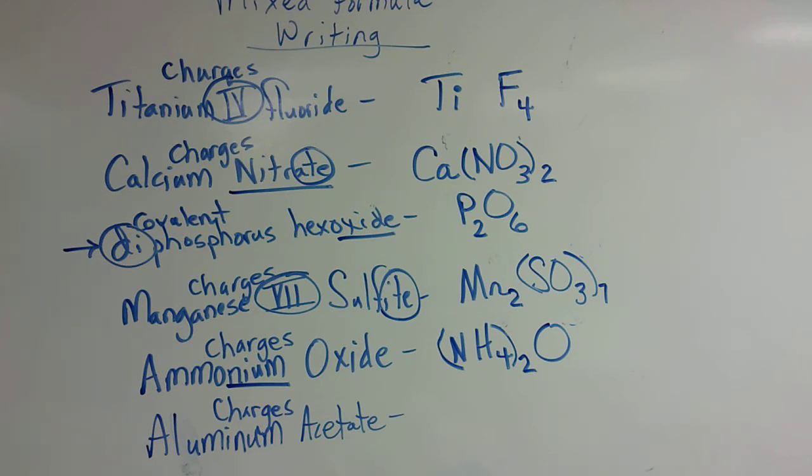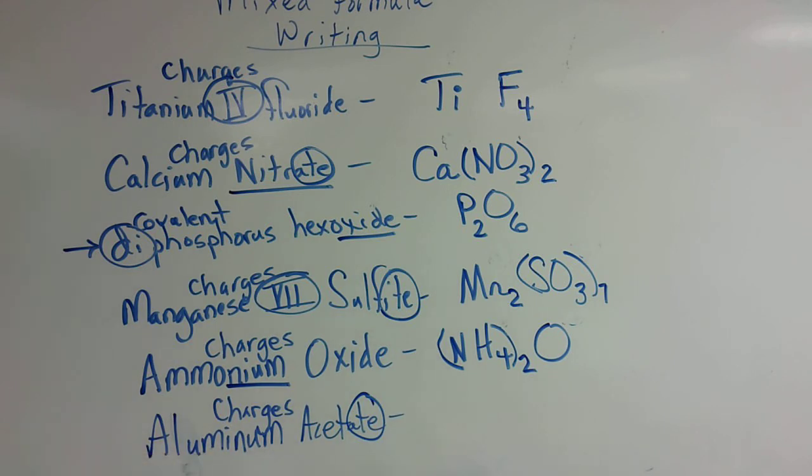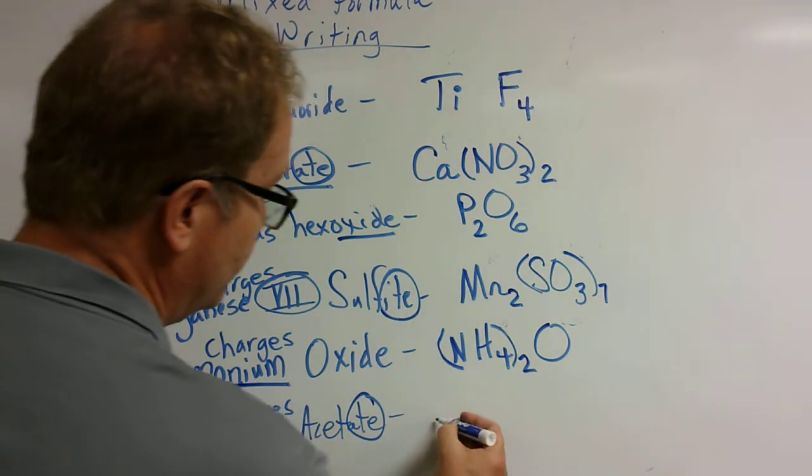On this one it's aluminum, and we have acetate. We have our one here. This is a reminder, if you're having problems finding it, it's in the red region, and it's on that little diagonal pattern. So now I've got to write charges.